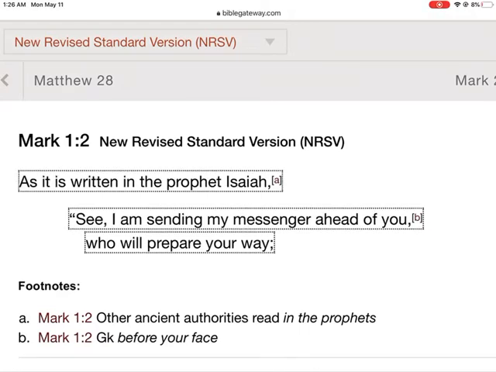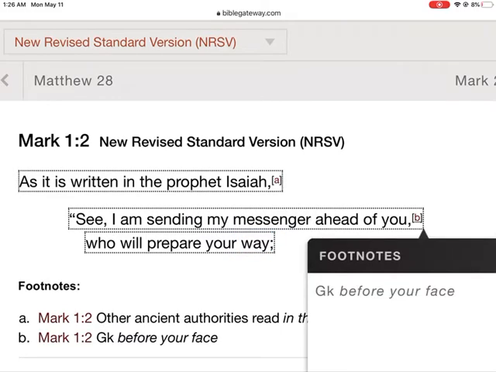And so that means, here in footnote B, that they changed the words from saying ahead of you to before your face. Because we don't use that expression, I'm going before your face. We say, I'm going ahead of you, I'm going in front of you. But in Greek, the words are, I'm going before your face.